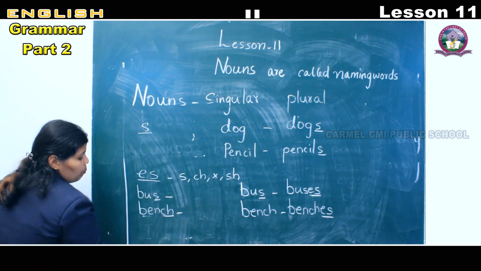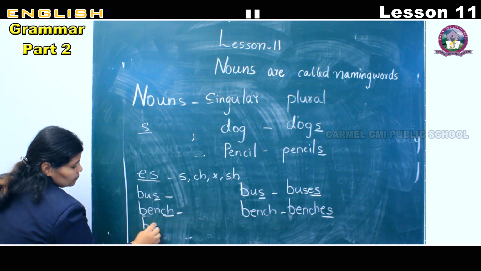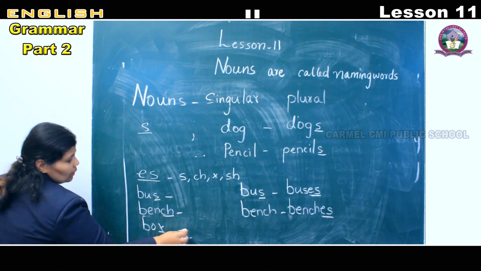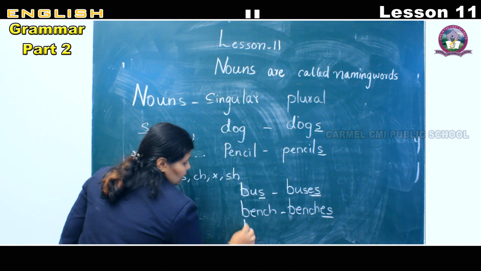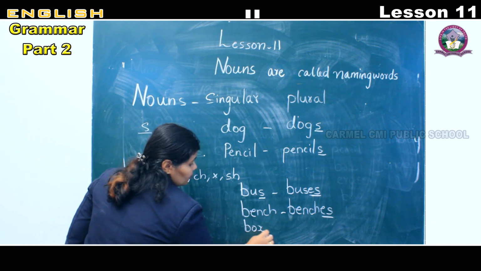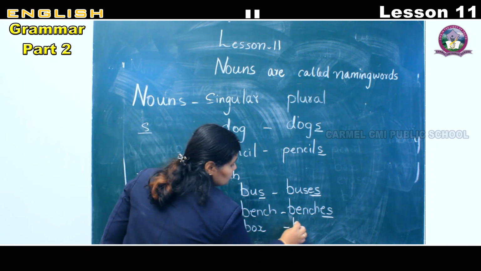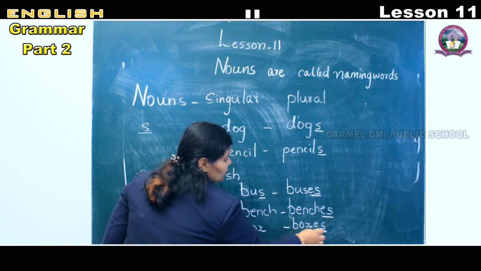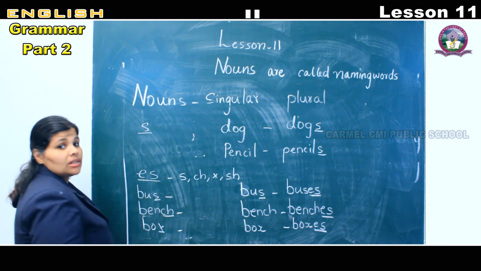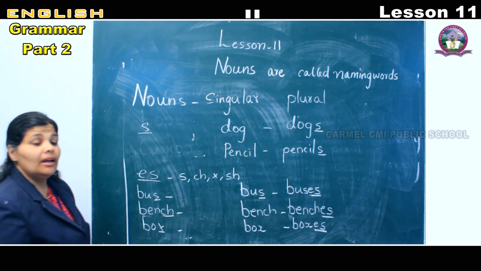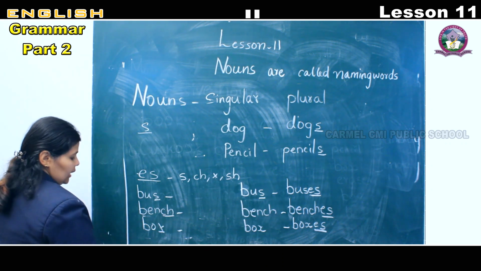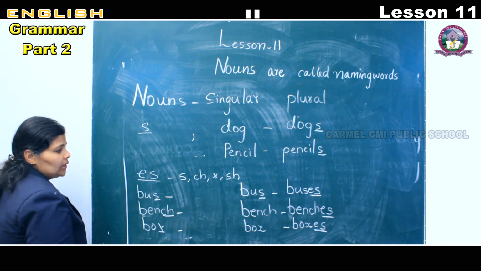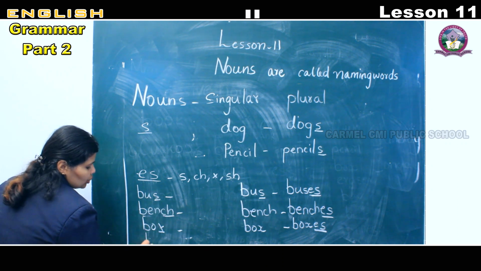Now next, box. Singular is box. To make it into plural, I know now you don't need my help. It is boxes, by adding just es. Next, can you tell me a word that ends with sh?